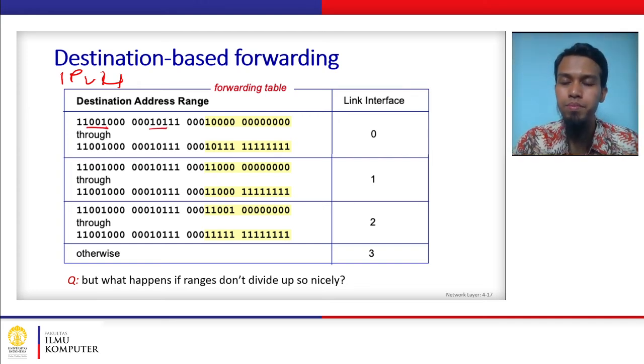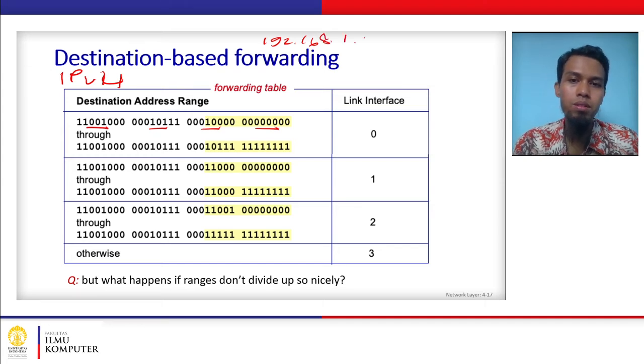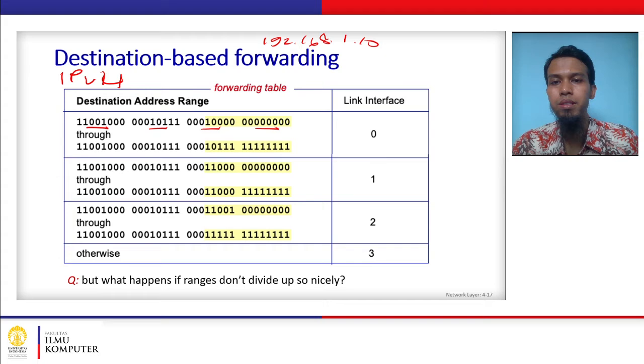Each byte we also call an octet. That's why when we take a look at an IP address, it looks like this, for example 192.168.1.10. This is just the decimal format of the original binary representation.